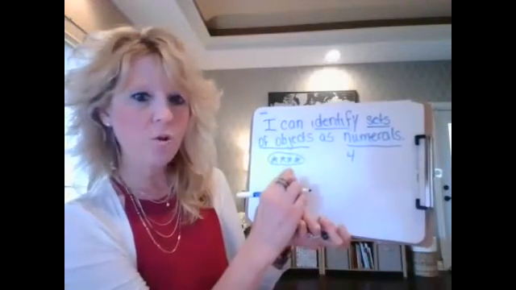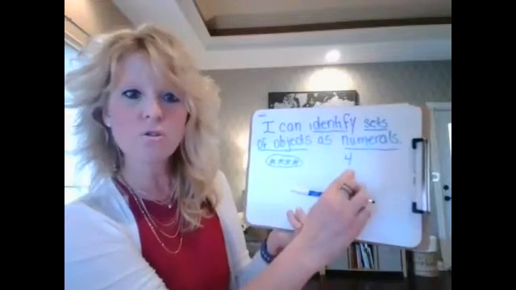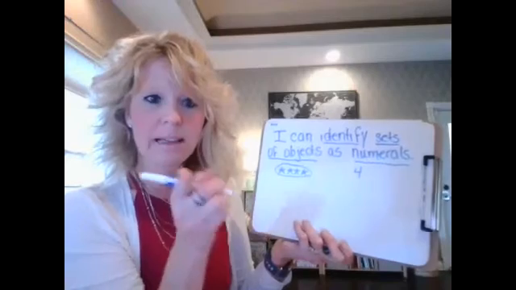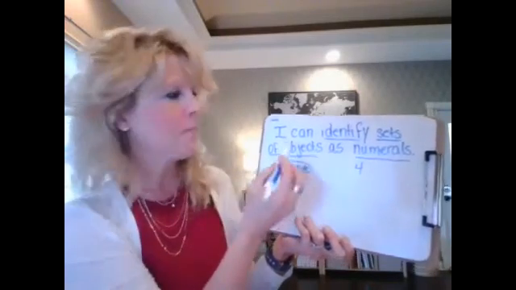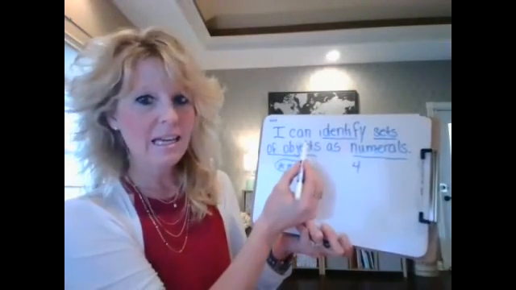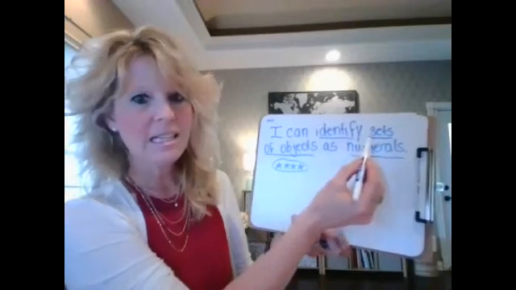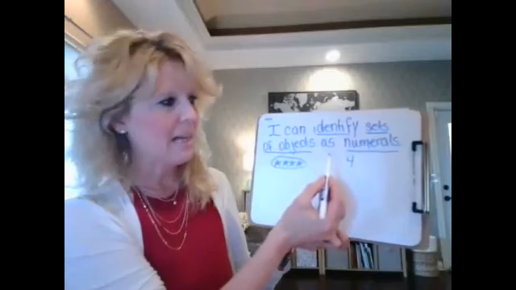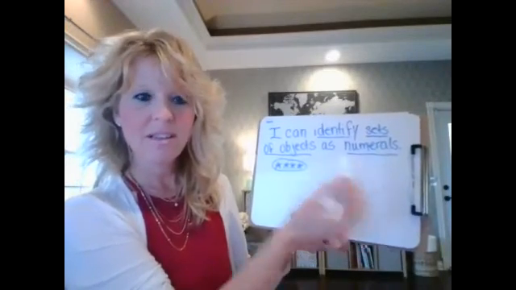There are 4 objects, so this is the numeral that matches this. That's our skill that we're going to work on today. Let's read this together. You ready? I can identify sets of objects as numerals. All right, let's get started with this lesson and learn some more about it.